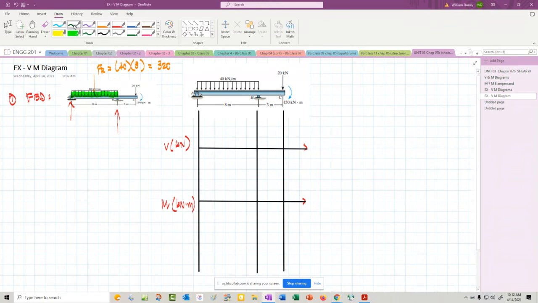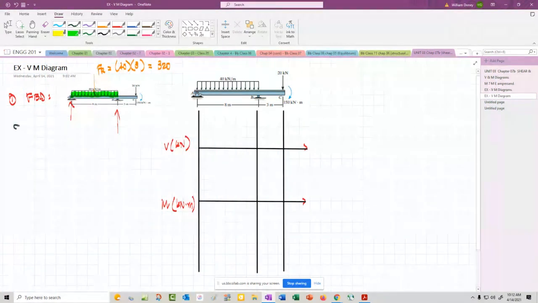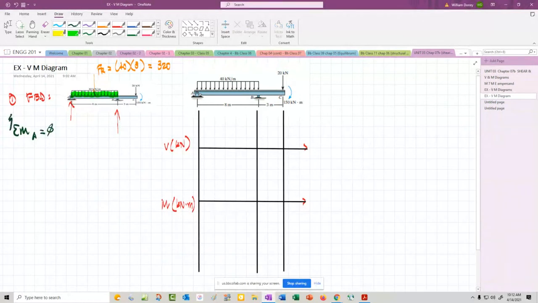What I want to do though, in finding these support reactions, is find out what's happening at A and at B. So let's start out by summing moments at A. That should get rid of what's happening from the AY. And there's BY.